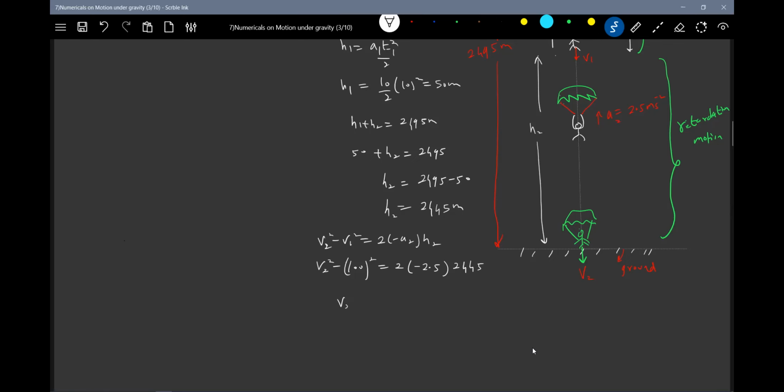That is 12,225. V2 square is 10,000 minus 12,225.